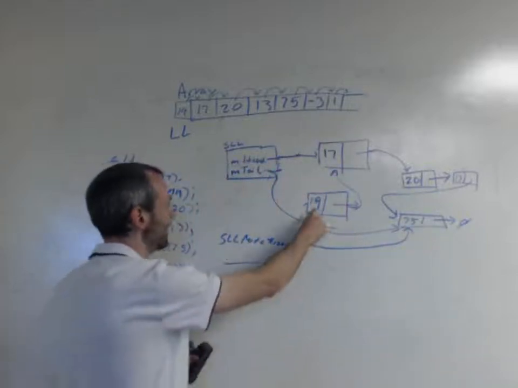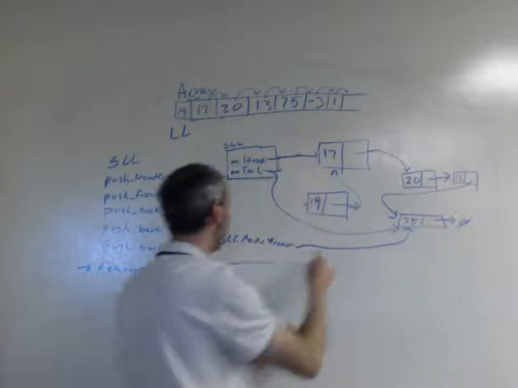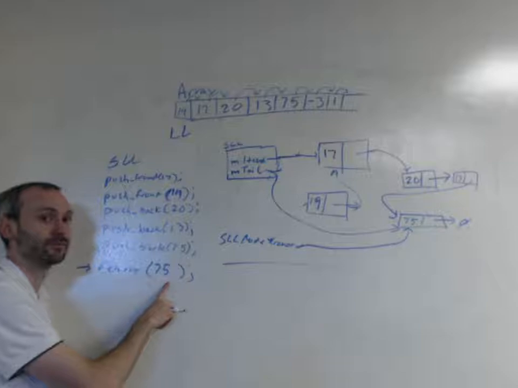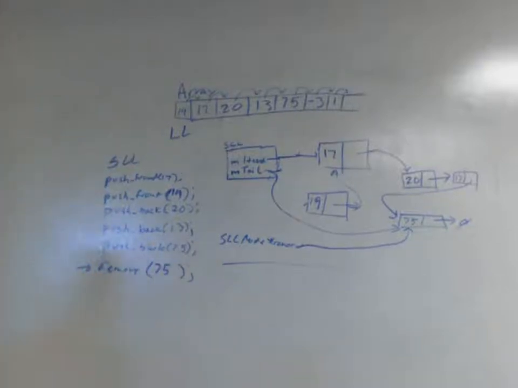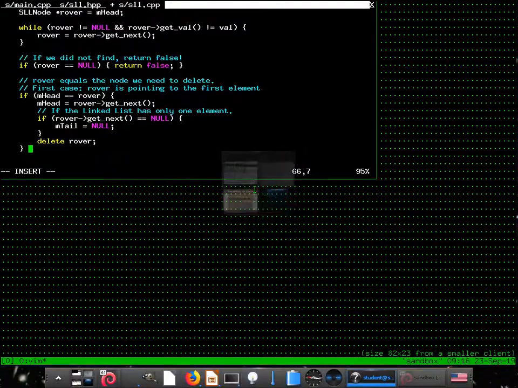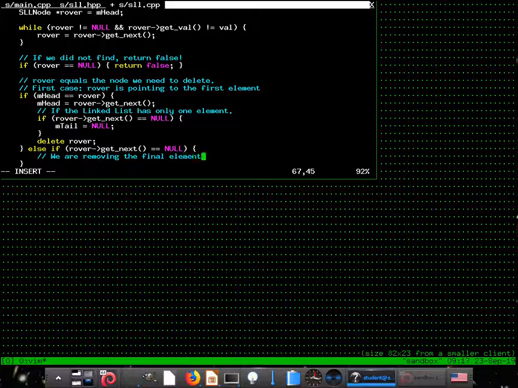All right, there we go. Because it's 19, not there, 17, nope, 20, nope, 13, nope, 75. We're going to remove 75. All right. Else if rover get next equals null, we are removing the final element.